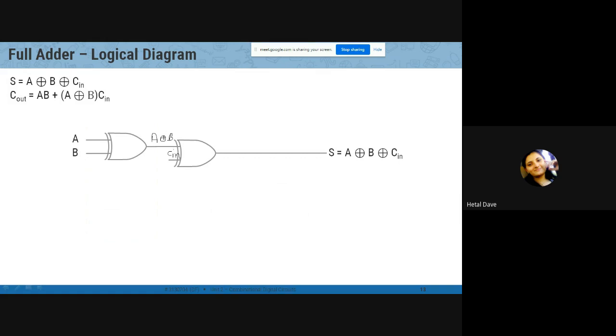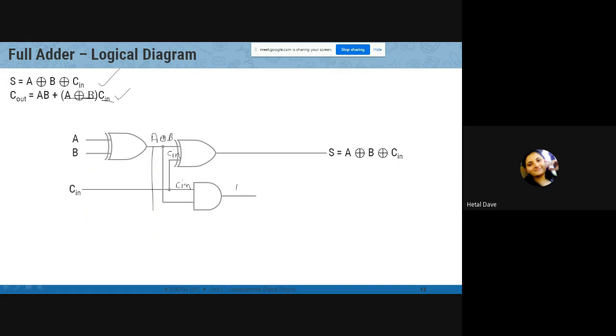So the final output will be A XOR B XOR C in. So this is drawn. Now if you want to draw this thing, A XOR B is ready-made here. So I can take one terminal for A XOR B. It will be ended with C in. So this A XOR B is connected with C in.